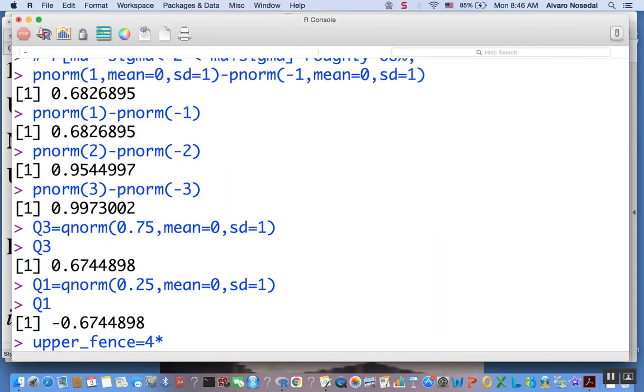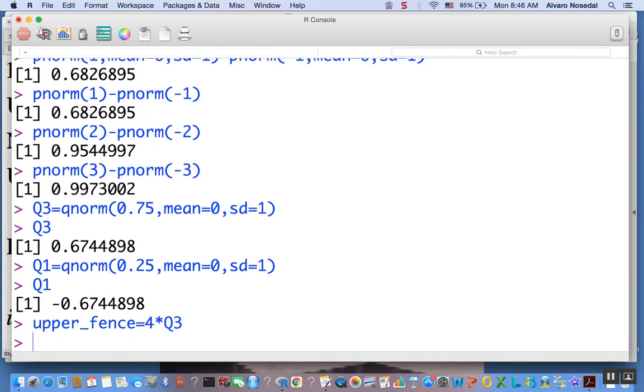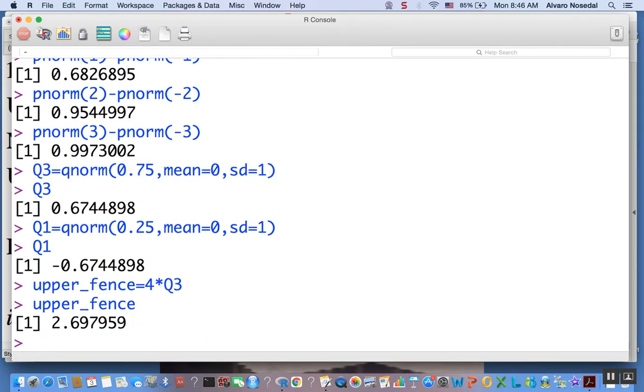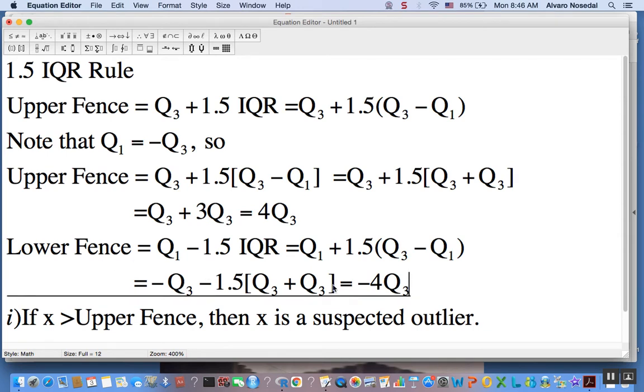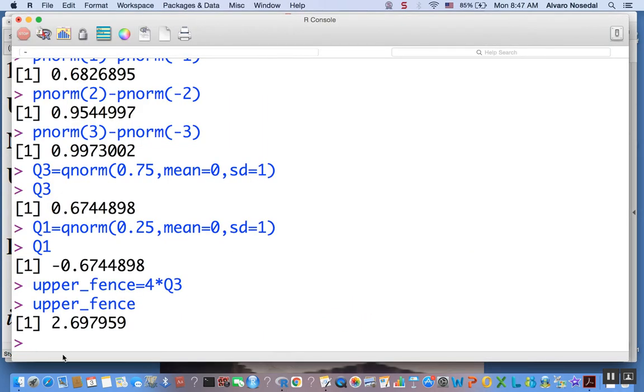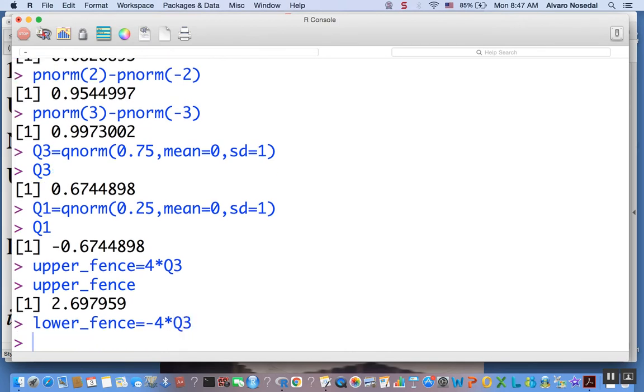And again, from the algebra that we did, we know that the lower fence is just negative 4 times Q3.